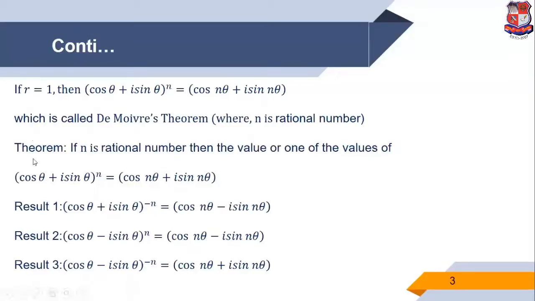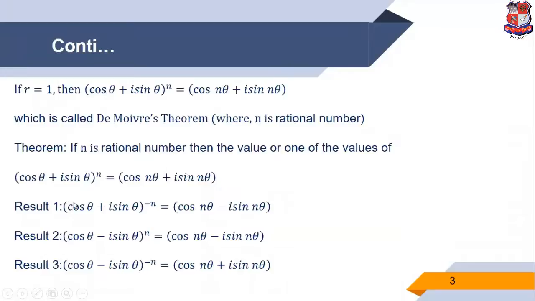Therefore, De Moivre's theorem is defined: if n is a rational number, then the value or one of the values of cos theta plus i sin theta raised to n is equal to cos n theta plus i sin n theta. So this is De Moivre's theorem.